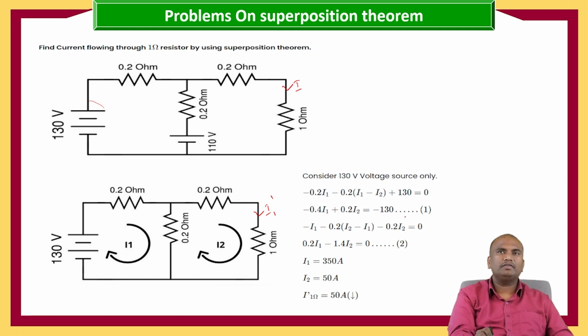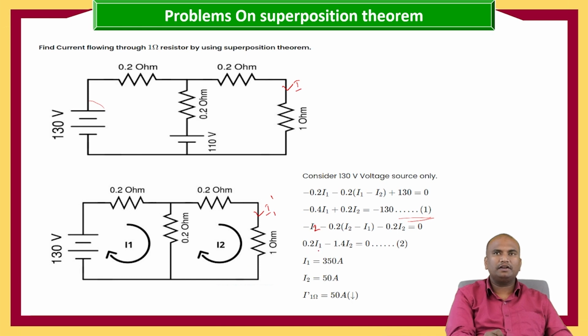This is our equation number 1. Now for loop 2, this is not minus I1, this is I2. The current flowing through this is I2. Minus I2 minus 0.2 into (I2 minus I1), because when writing KVL for loop 2 we assume that I2 has higher magnitude, minus 0.2 into I2 equals 0.